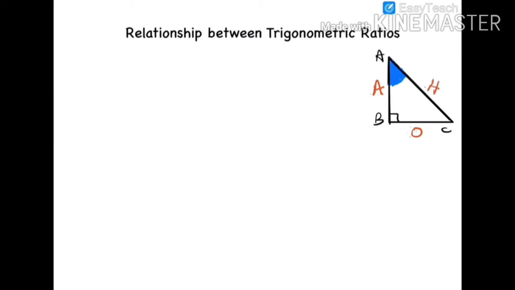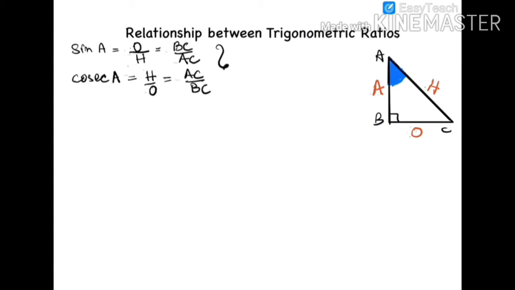So let's write the ratios with respect to angle A. Sin A is opposite upon hypotenuse, which is equal to BC upon AC, and cosec A is hypotenuse upon opposite, which is AC upon BC. So with this we can say sin A is equal to 1 over cosec A, or we can write cosec A equal to 1 over sin A.